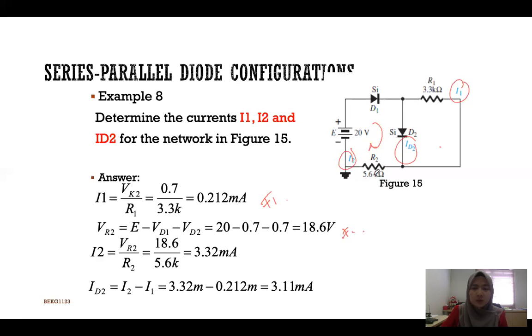This is actually VR2 divided by R2, so you will get 3.32 milliampere. And lastly, ID2 is I2 minus I1. Over here, this is I2, this is I1. So you will get 3.11 milliampere.